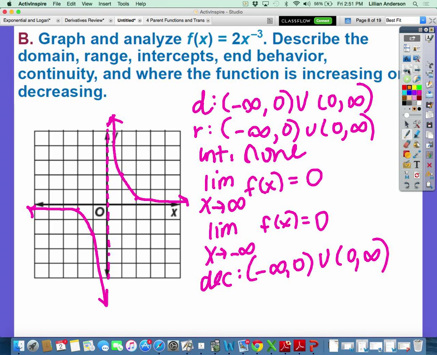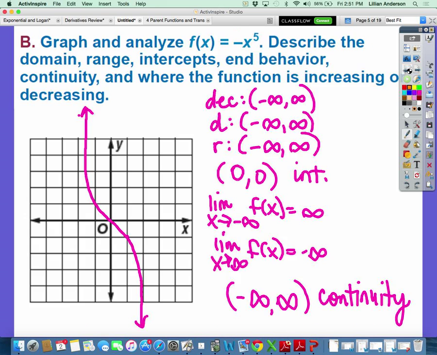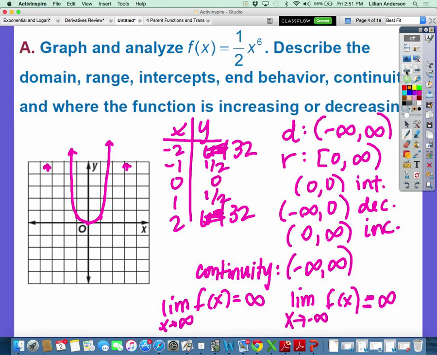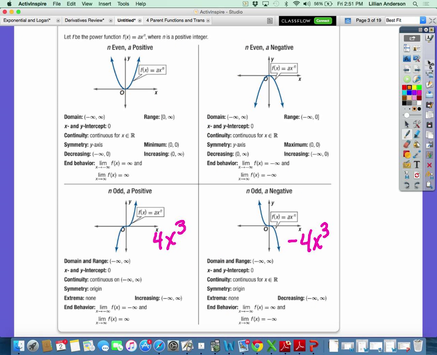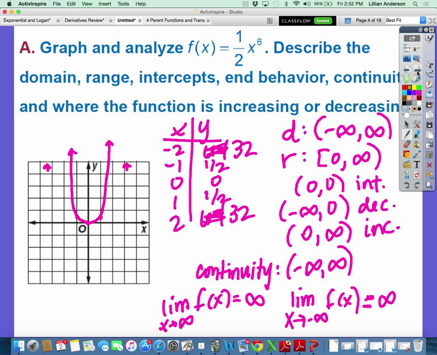With your power functions, anything like x to the n, x to any power, when n is even, it's going to have the same properties of a quadratic, both sides pointing up or pointing down. If it's odd, it's going to look like your cubic functions, where it's either decreasing all the way or increasing all the way.